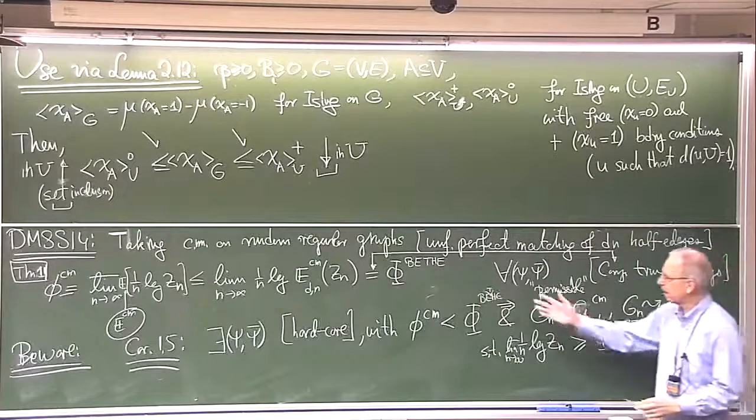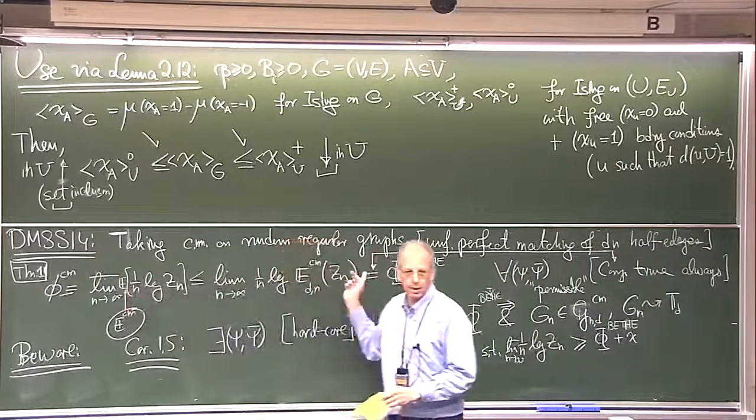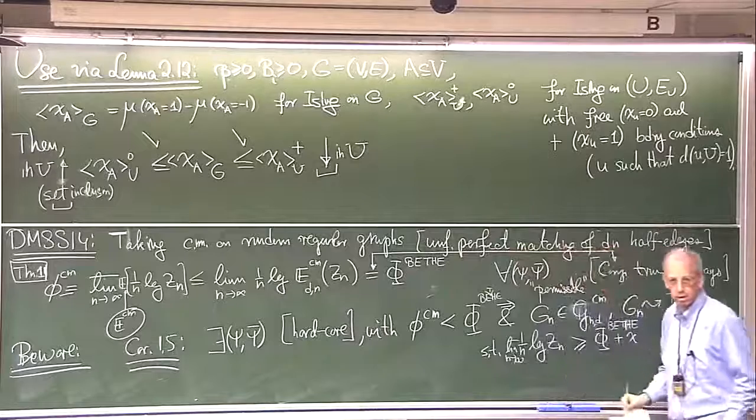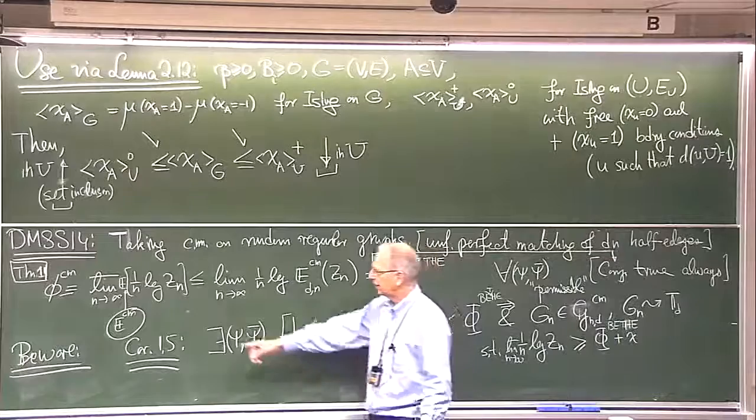But it works as an upper bound on the average. Most of them will be upper bound, but not all of them. The number of graphs is very large. That's the point. So when I average here, many graphs are going out.